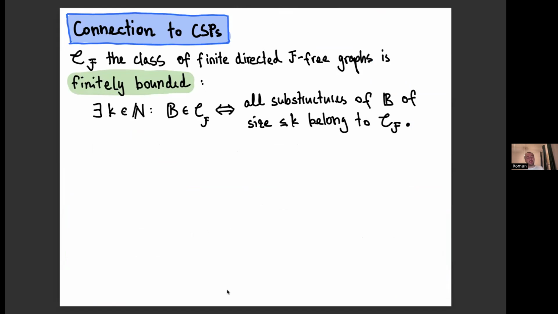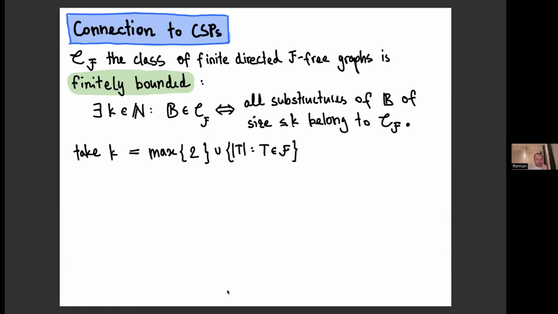By this I mean that there is some integer k which has the following property: we can check if a finite directed graph, a finite tau structure B, lies in CF, so if it's a finite directed F-free graph, if and only if all substructures of B of size less than or equal to k belong to the class CF. So if all substructures of size at most k are finite directed F-free graphs.